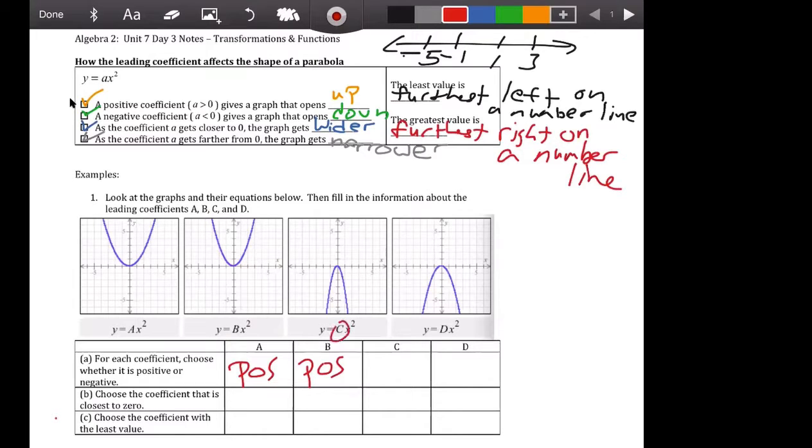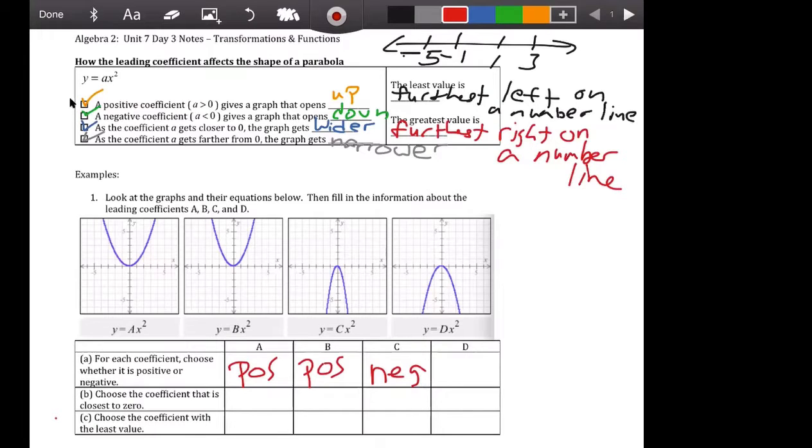For C, it is facing or concave down. It's open down. So that is a negative A for that equation.